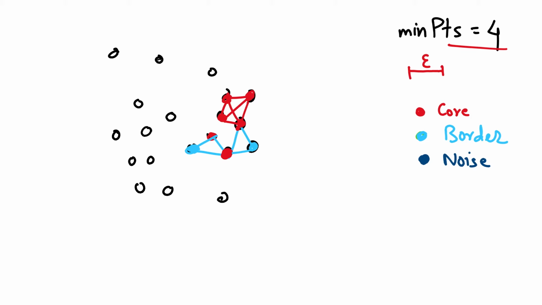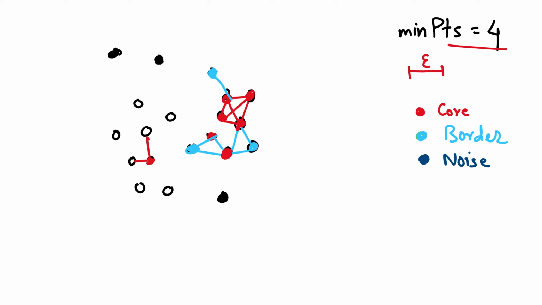Let's say we go here and it's not connected to any other point, so it's noise. Similarly, this is noise. This is possibly connected to this, so we should have visited this in this connected component itself. Then this is noise, and now this is a core.